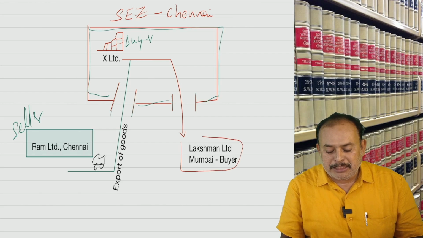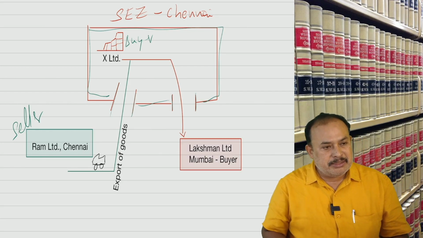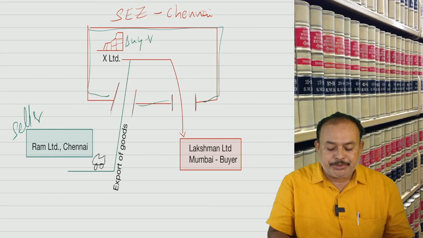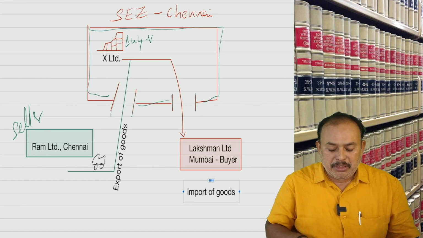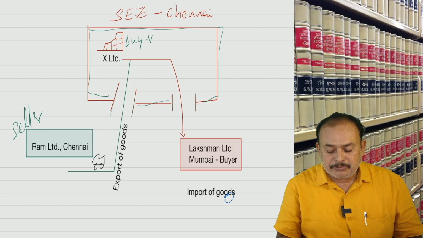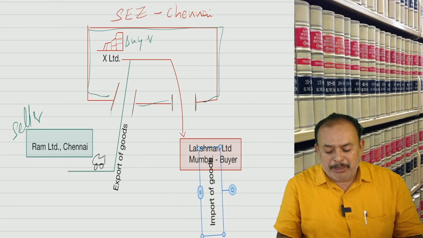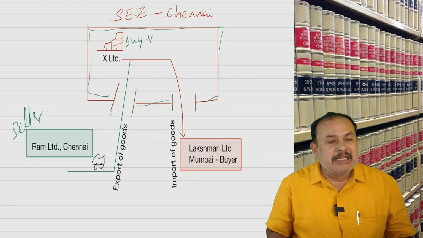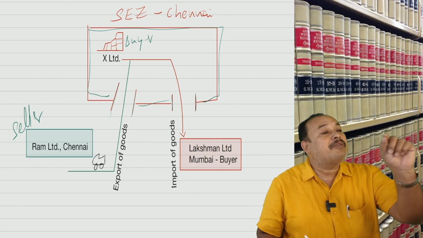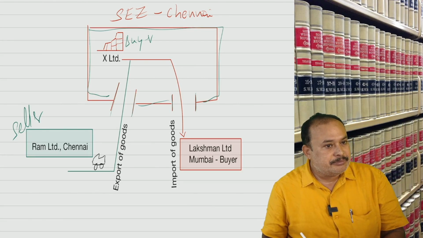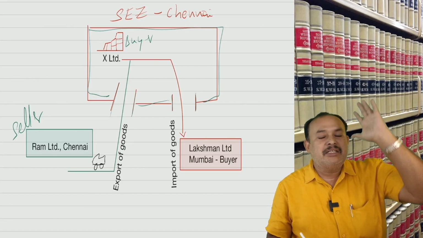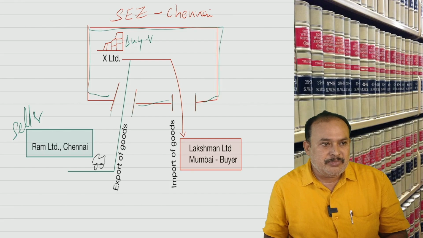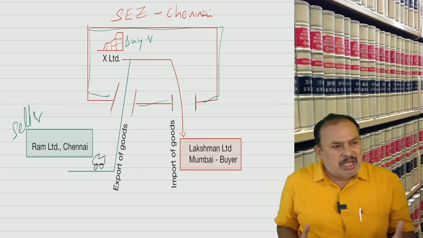He purchased the goods being a buyer. Then it is called import of goods. Now, if the goods are imported, the GST department is not going to levy the GST. The Department of Customs will levy the customs duties along with the IGST. Sir, why is it so?